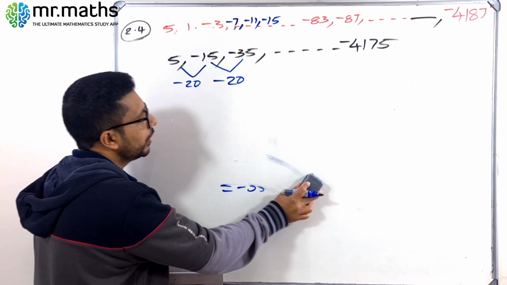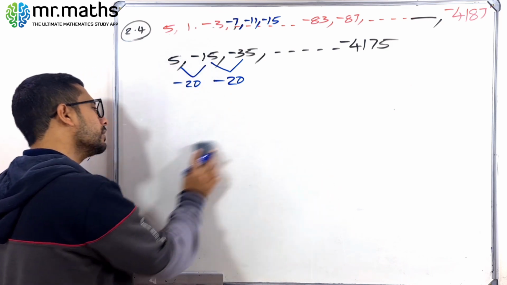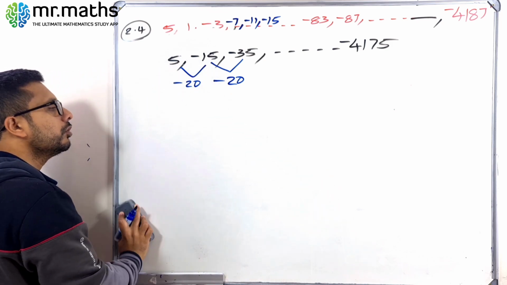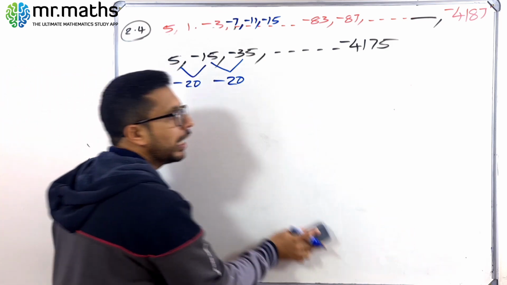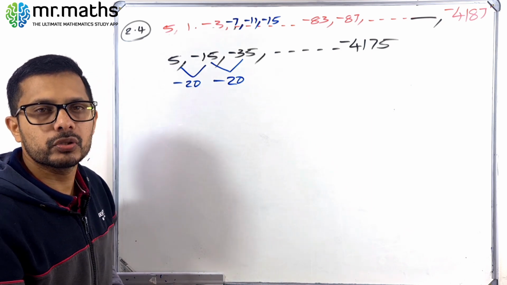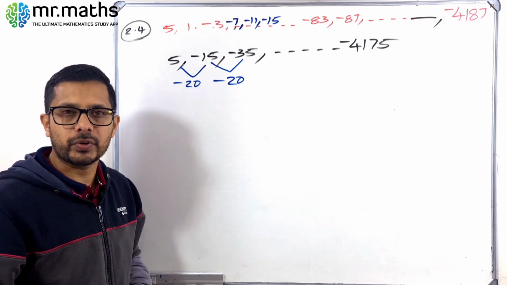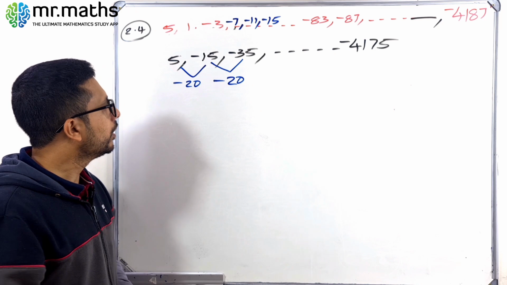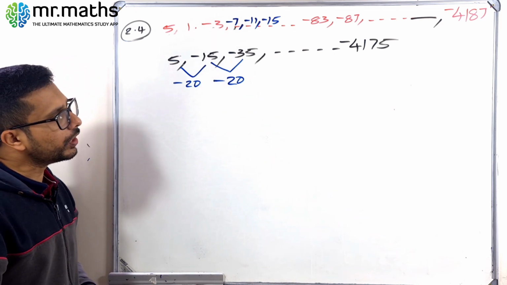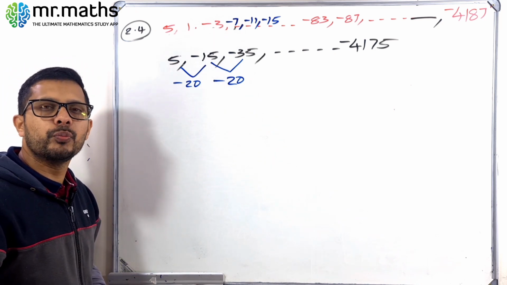So you can see that the sequence we got now is also an arithmetic sequence because we are getting a common difference. You understand?